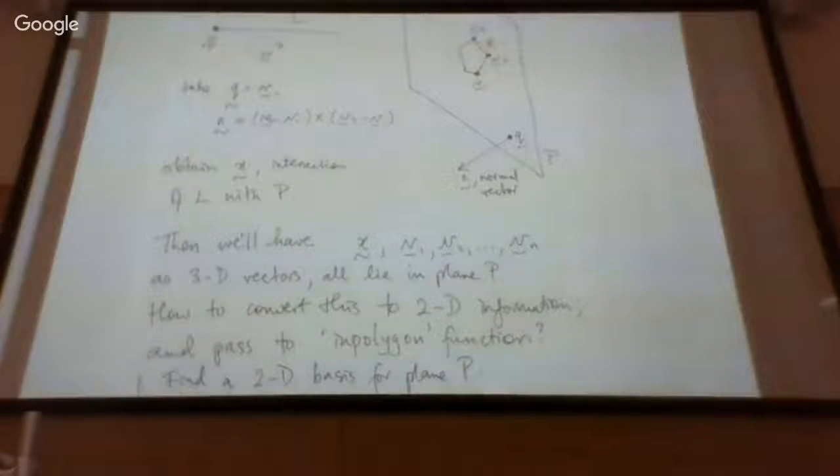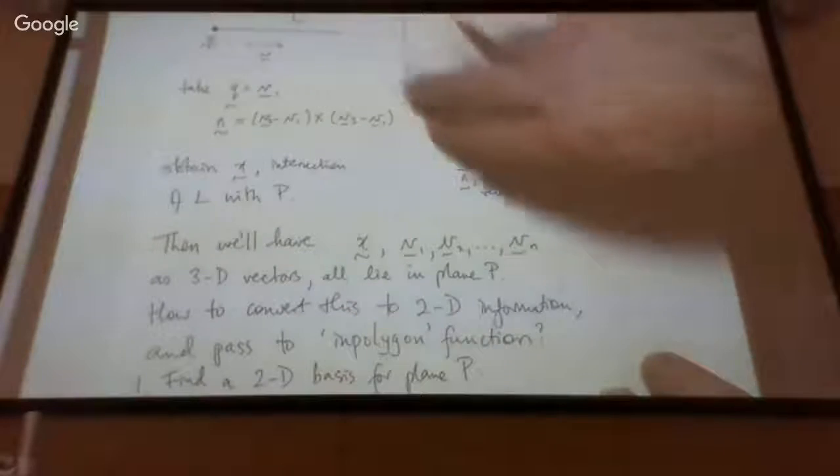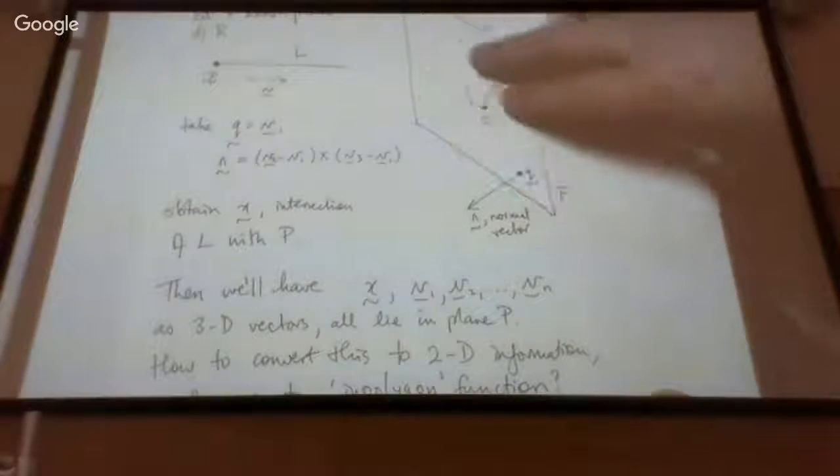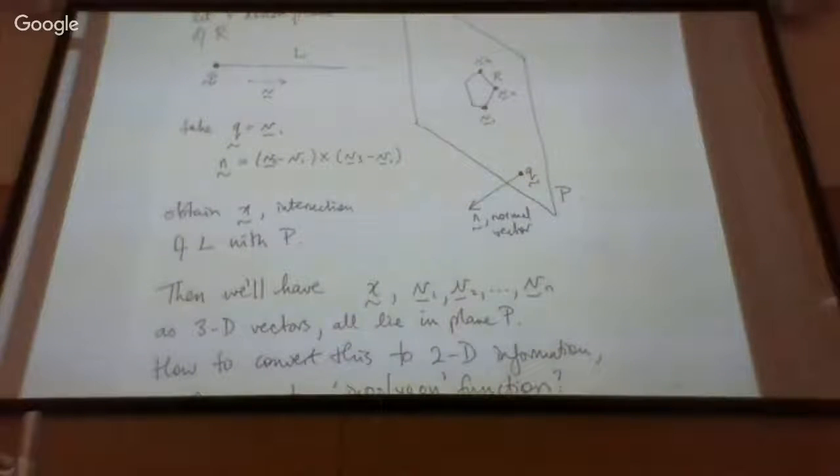So if we could just consider the two-dimensional subspace, which is the plane, and then express everything as vectors in that two-dimensional vector space, then we have x and y coordinates, which we could cast in polygon fashion.